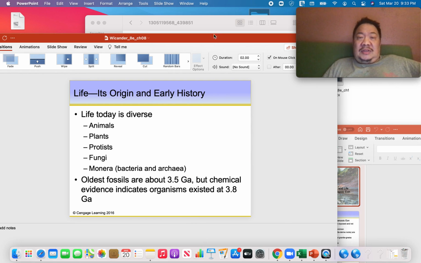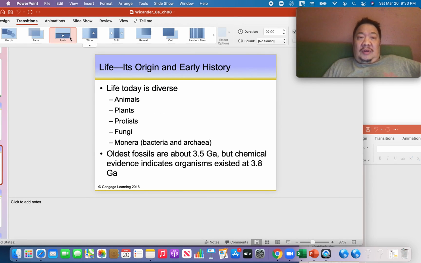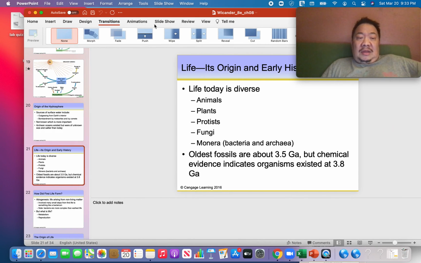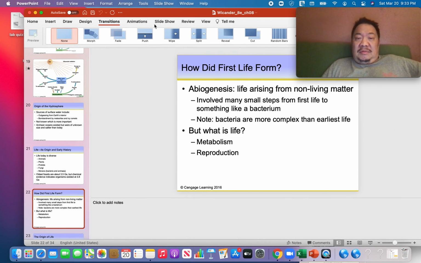So, as a scientist, you can't help but wonder, how did life begin on planet Earth? Somehow we went from a world with no living organisms to having living organisms, and living organisms consist of cells.